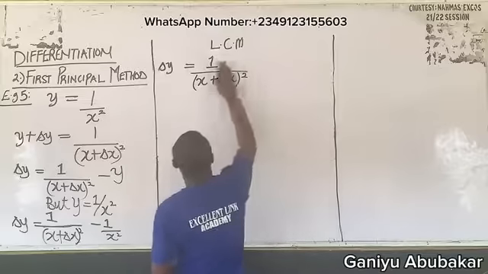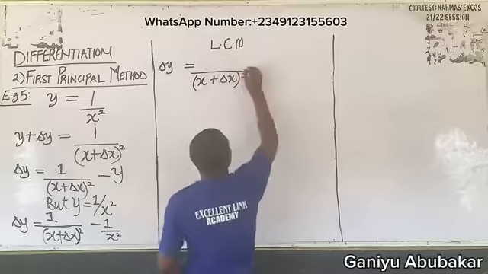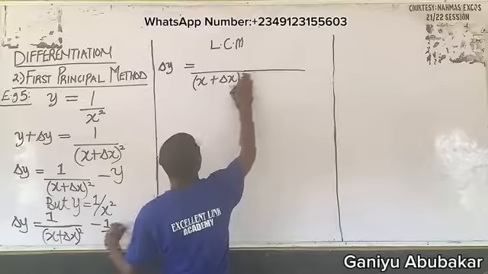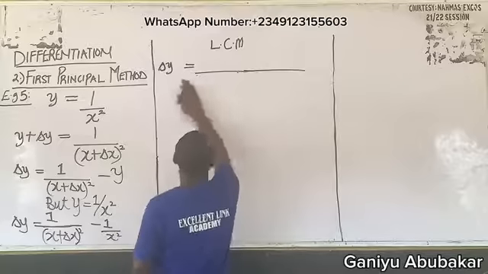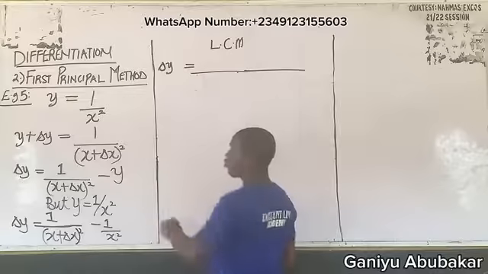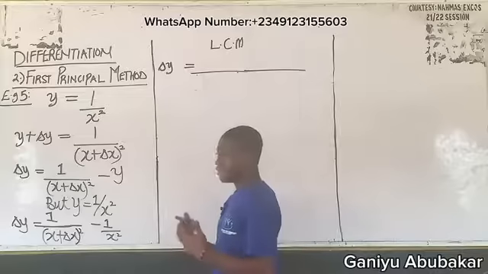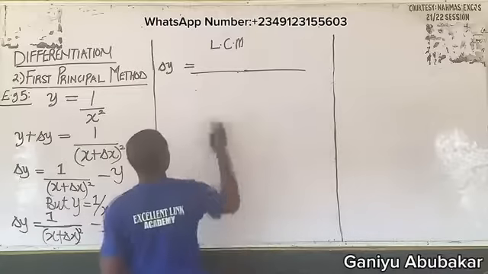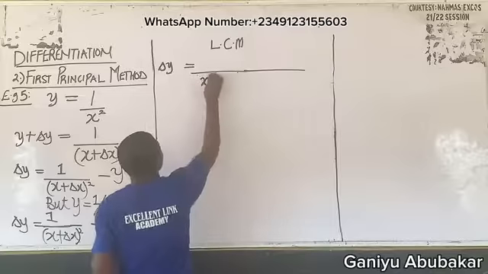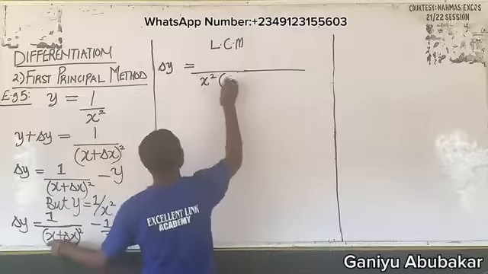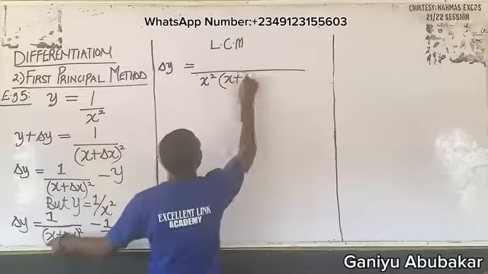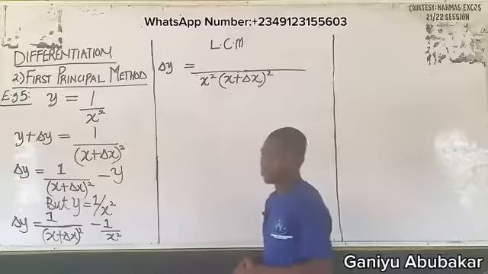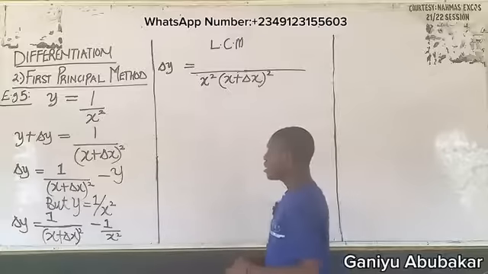To save time, the LCM is the product of the two, so I just put the LCM there: x squared into x plus change in x all squared. These are my two LCM values. Let's take the first one.